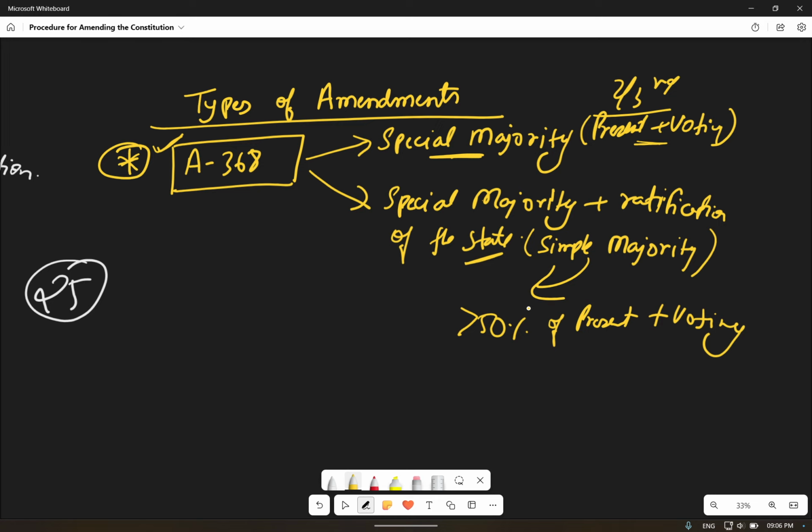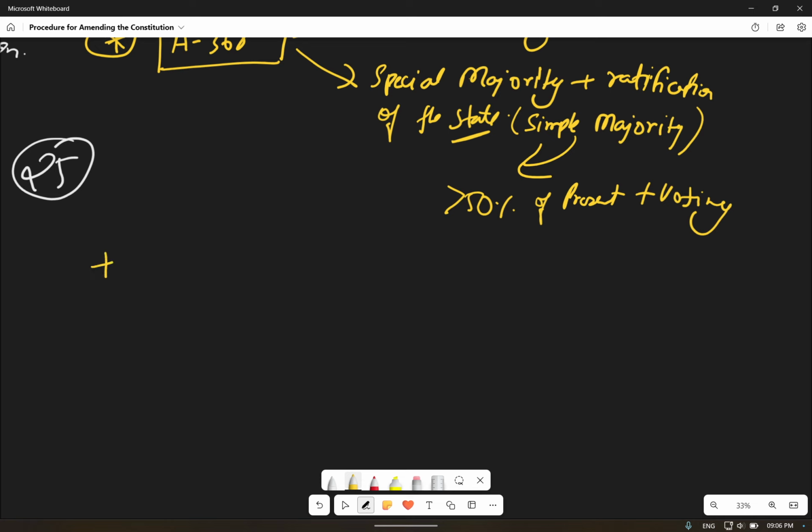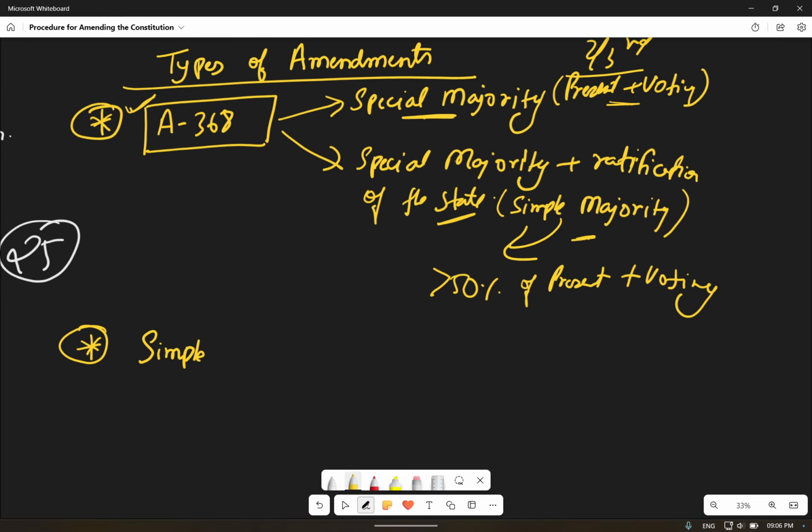And what is Article 368? We will see just now. I want to add one more point that we have not seen till now: there are certain provisions of the constitution which require amendment by a simple majority of each house. I'm not talking about the state one, I'm talking about something completely separate. One type of amendment was the one where the power is given through Article 368.